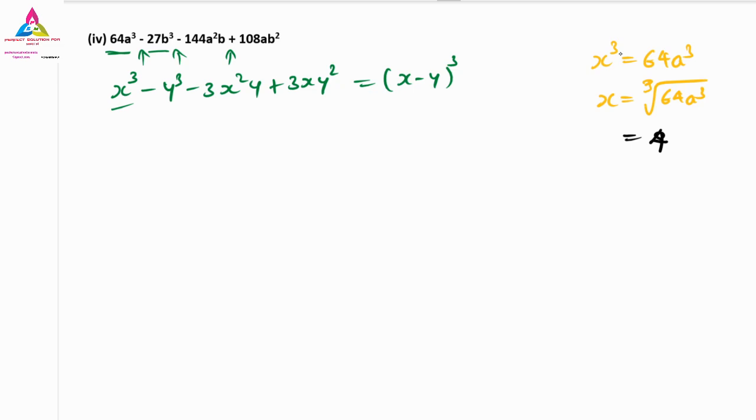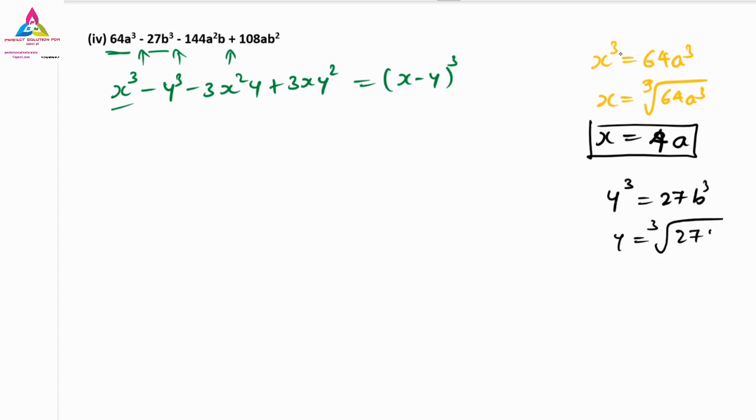4 4s are 16, 16 4s are 64, and a cube and cube get cancelled, a. So x value we found as 4a, and similarly we have to find the y value. The y cube we have is 27 b cube. So y value will be the cube root of 27 b cube. The cube root of 27 is 3 and the cube root of b cube is b. So y value is 3b.